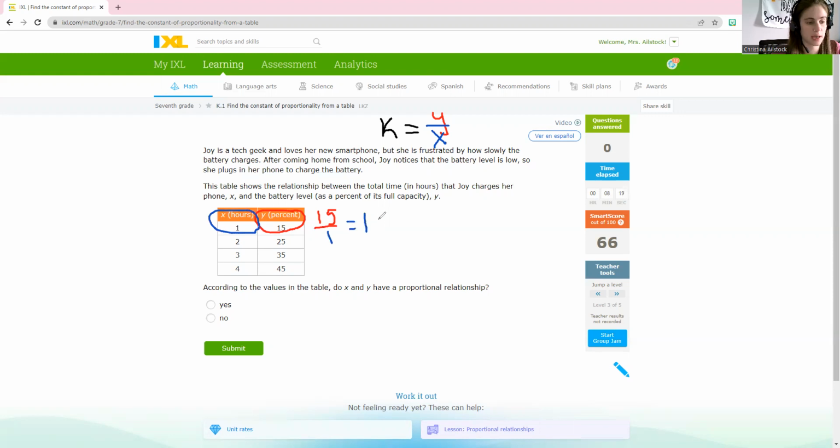And 15 divided by 1 is 15. Now let's do the same thing for the second one, because in order for this to be proportional, they all need to end up having an answer of 15.